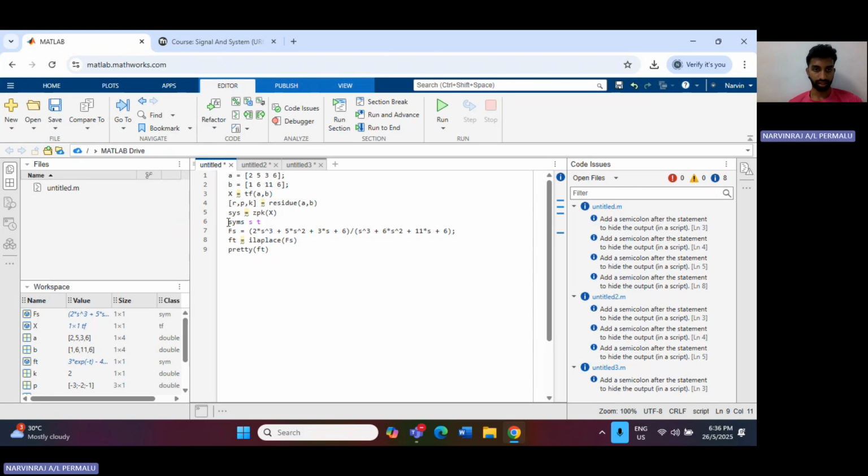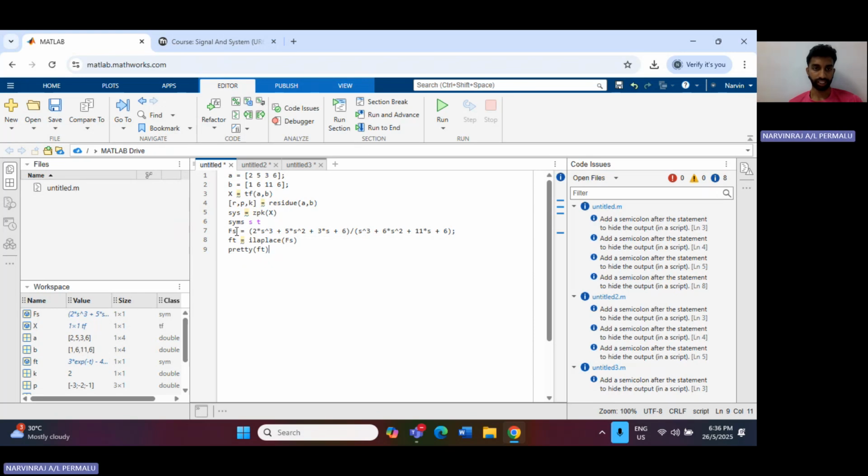After that, SYS equals ZPK(X). This gives the zero-pole-gain form, showing the locations of zeros and poles of the system.